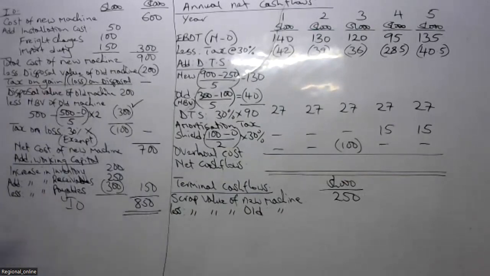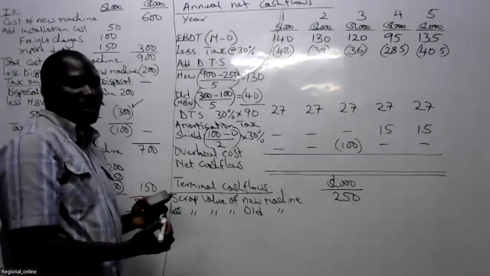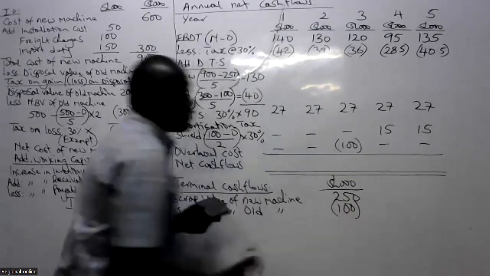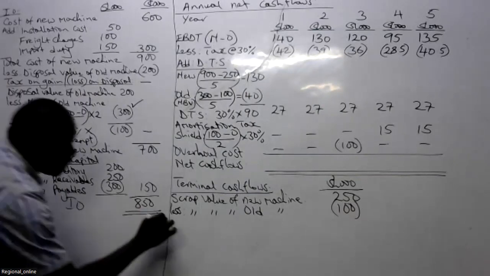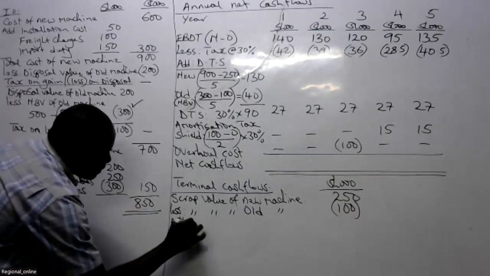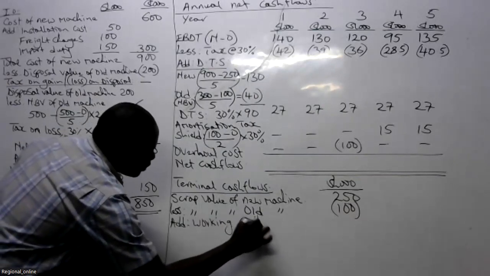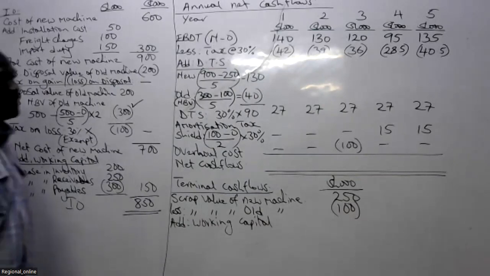Nil or 100? It's now 100. It has helped us with depreciation. The overhaul has no scrap value, so you only need to bring in here what? The working capital. How much of the working capital do you invest in? 150.